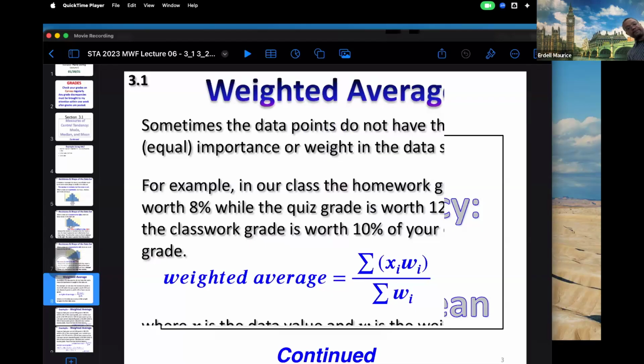The classic example of the weighted average is your calculation for your grades, right? Assignments that you guys get to do at home that are not proctored, those tend to have smaller weights, while assignments that are more important or you have in class, those tend to be more important. And so those have a higher weight than your ones that you do at home.